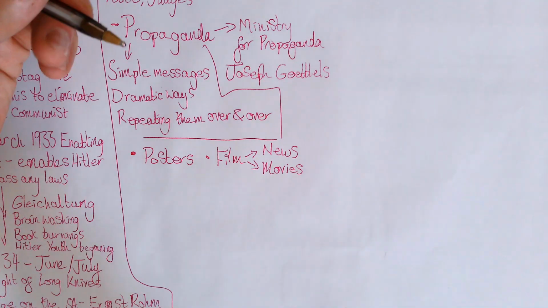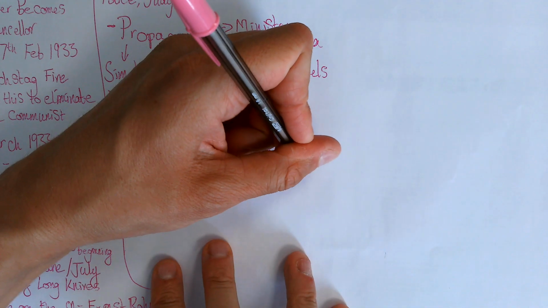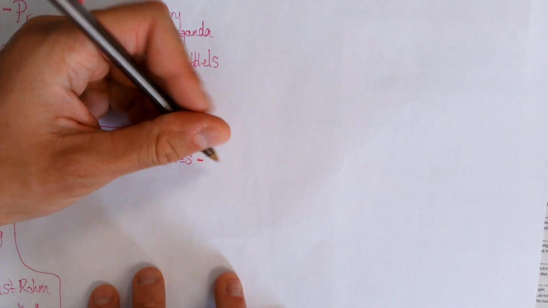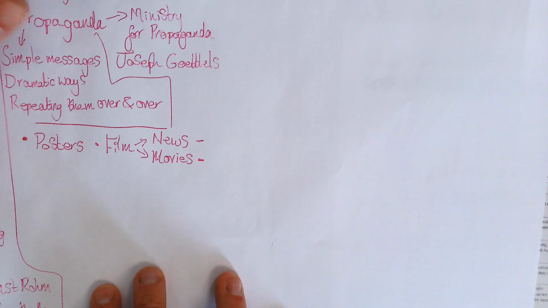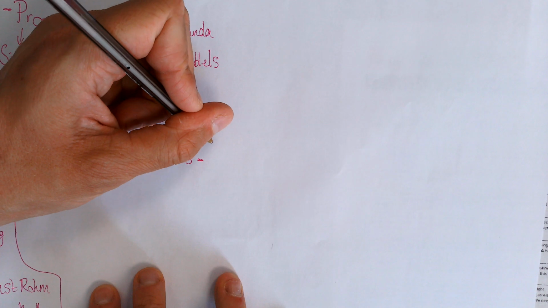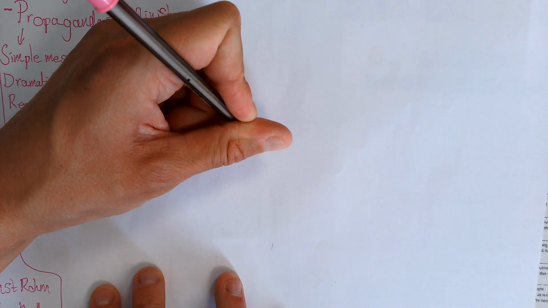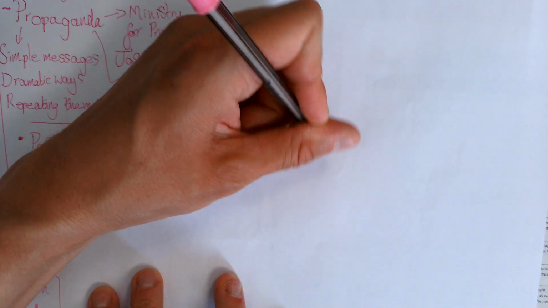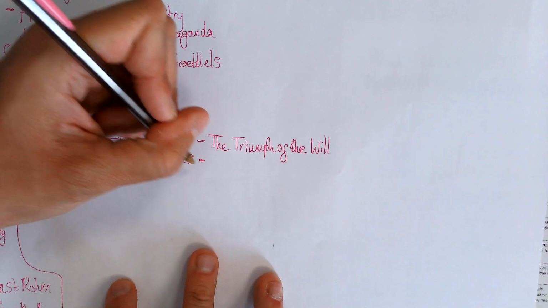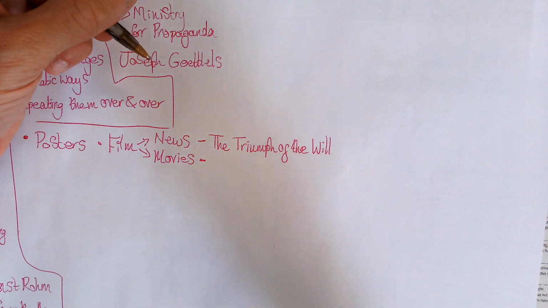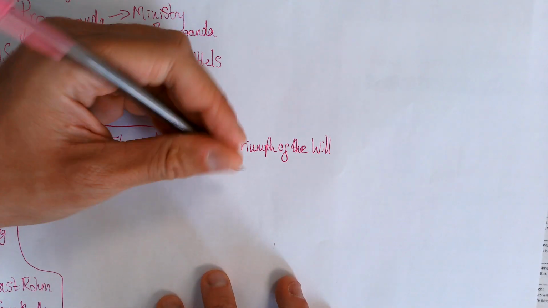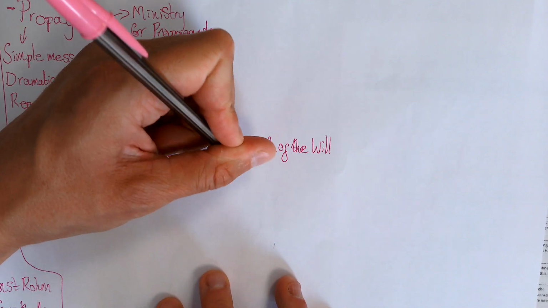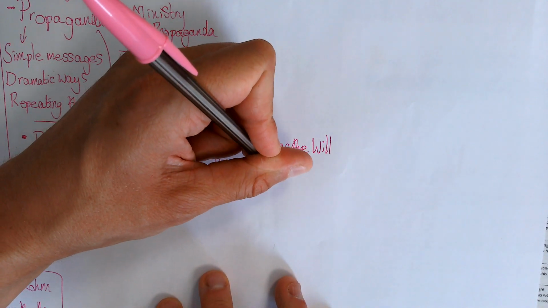The example we've looked at here, which goes into both a news film and a movie, really, is The Triumph of the Will. But you also might remember we watched footage from an actual movie that the Nazis made, a drama movie called The Eternal Jew, which was hugely controversial.